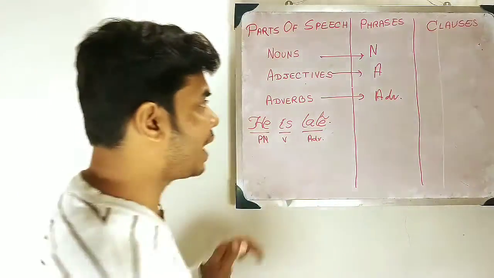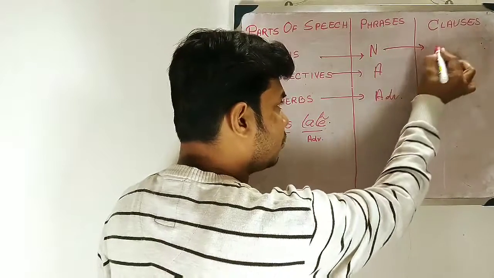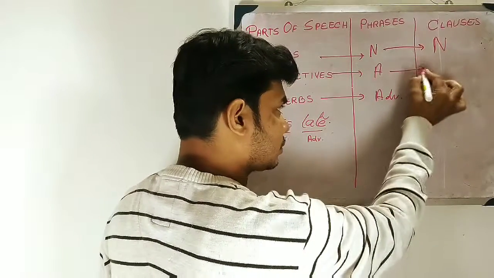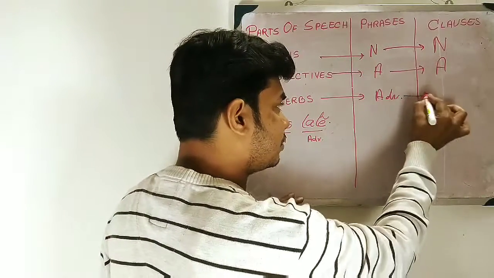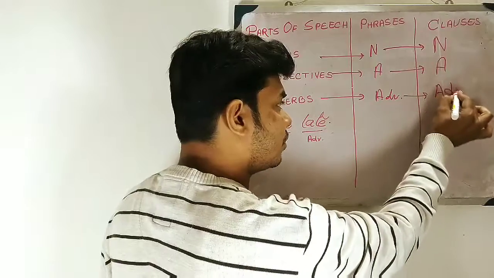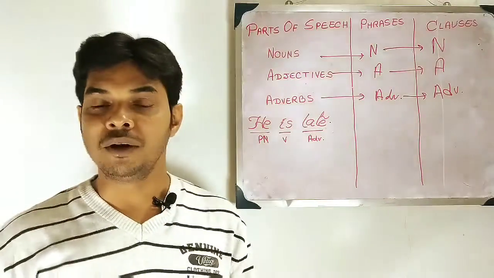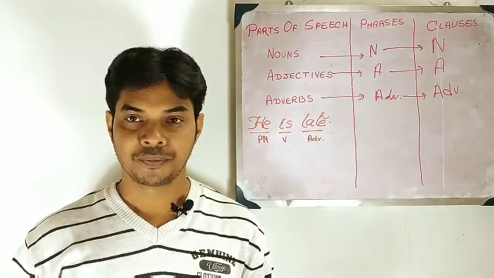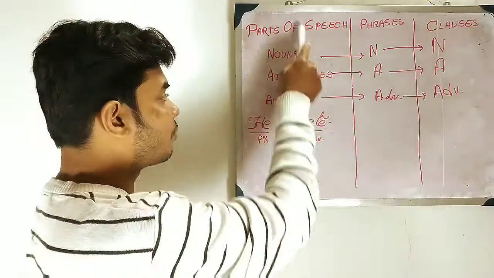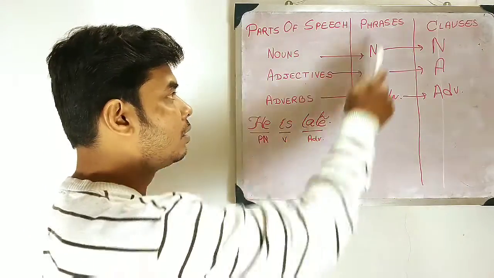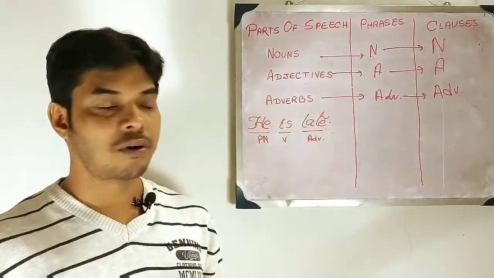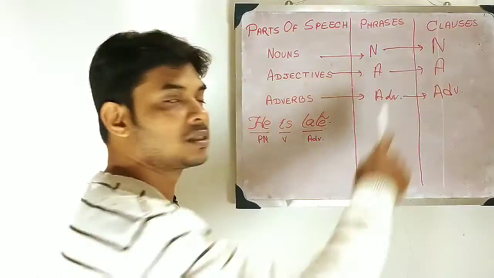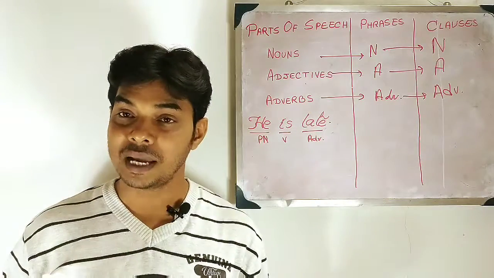And the same thing you'd find even in clauses. There you'd find a noun, an adjective, and an adverb, but this time they would be found as a group of words as well. So in parts of speech, a single word; in a phrase, a group of words; and in clauses, a group of words again.